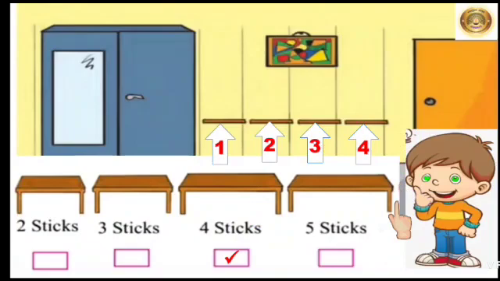Now children, from this example you understood that the distance from one place to another and the length of any object from one end to another is called measure or measuring a length.